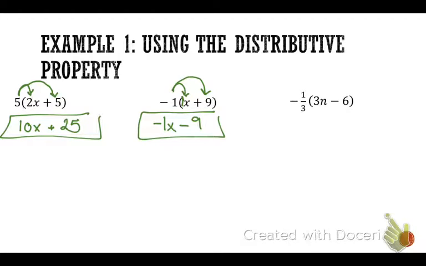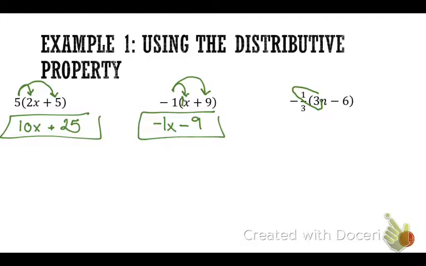Now let's talk fractions. Fractions are a part of a whole, and fractions show division. I also know that a whole number can be written over 1, can it not? I can say 5 is the same thing as 5 over 1. Is that correct? So what happens when you multiply a fraction by a whole number is you are essentially multiplying the whole number by the numerator, in this case by 1.